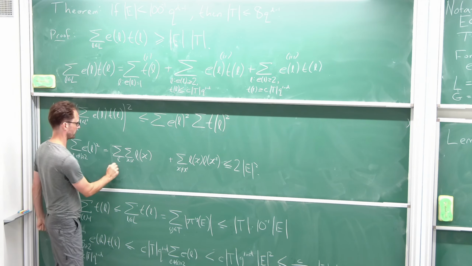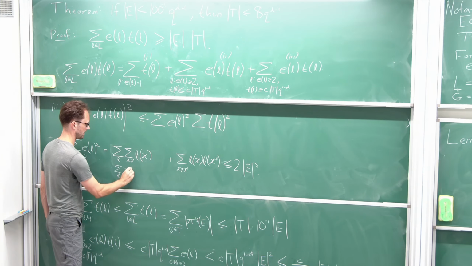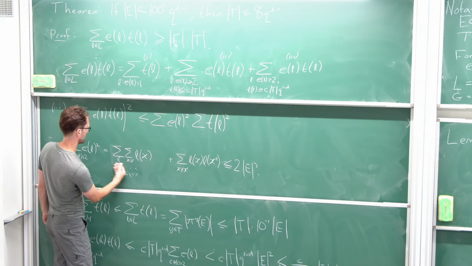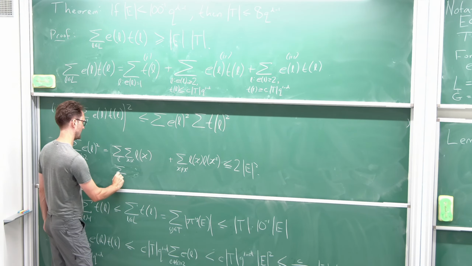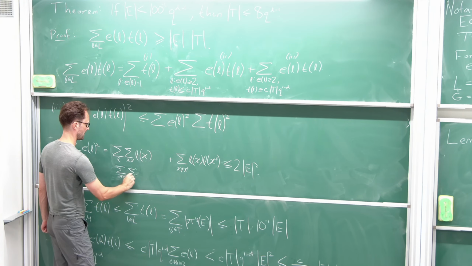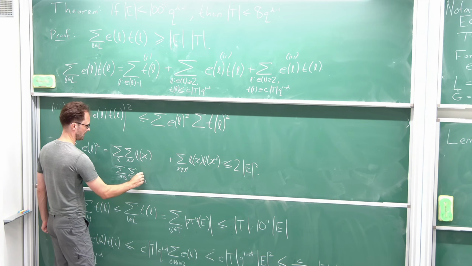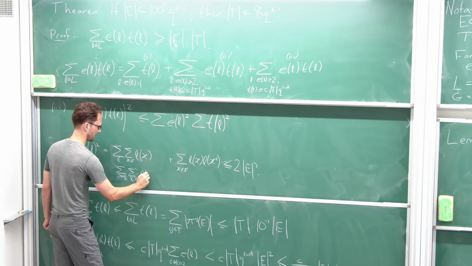And this is equal to, we can change the order of summation, the sum over x in E of the sum over lines L with E of L at least 2 of the indicator for L contains x.